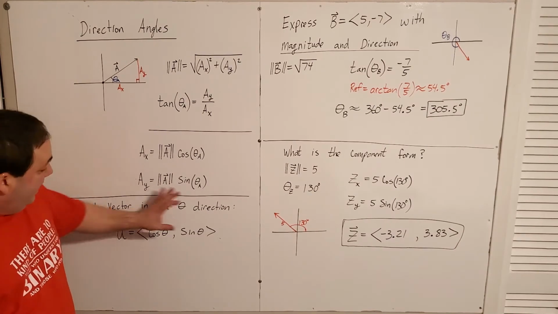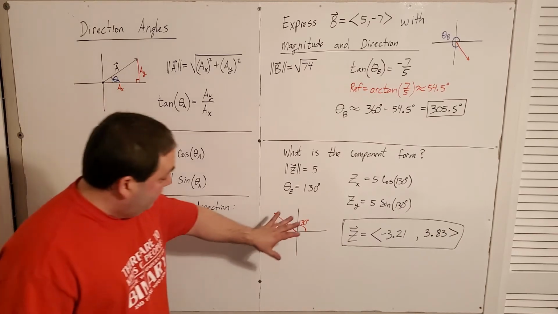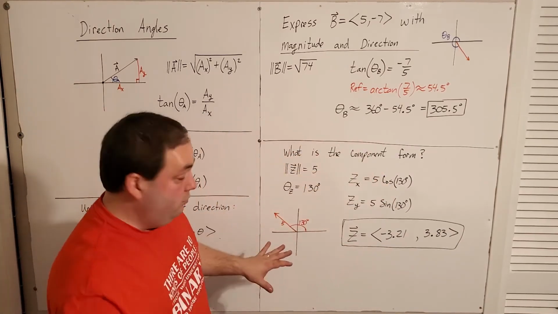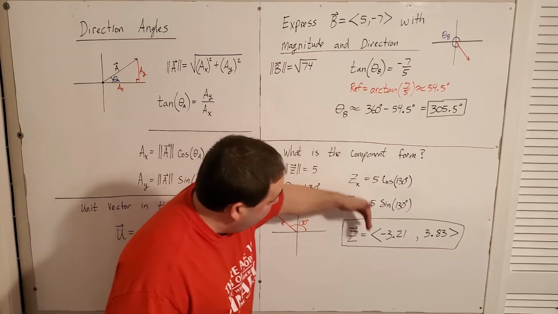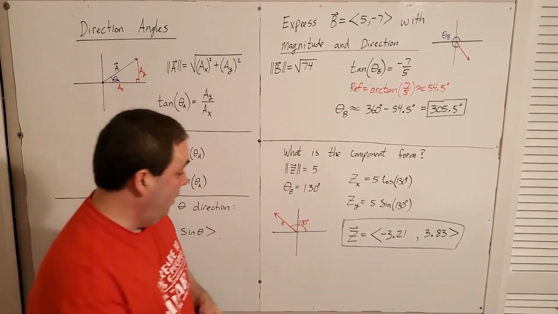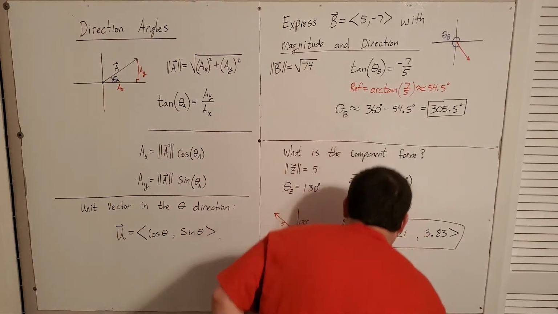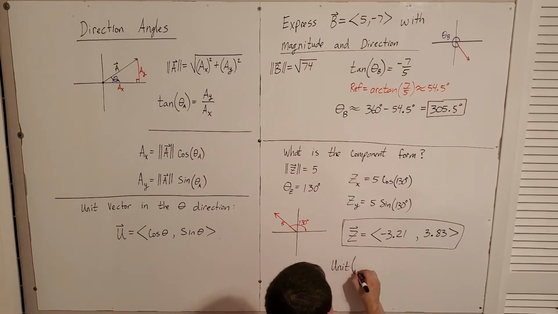Okay? So I can actually create a unit vector in some direction right here. In fact, you could do the same thing here. Punch it up real quick. Just don't put the 5s, right? And then you'll get the unit vector that's in the direction of z, unit vector of z in this case.